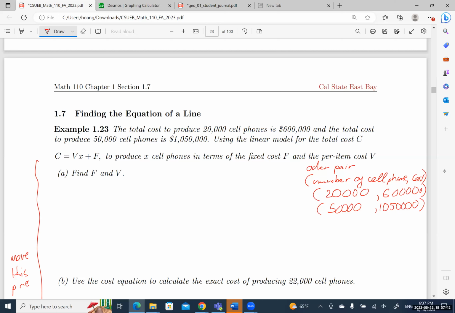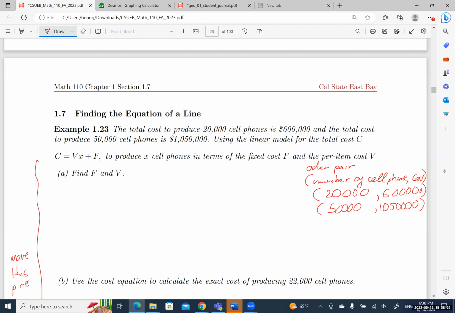So we have 2 points from the given: 2,000 cell phones give us 600, 20,000 cell phones give us 600,000, and 50,000 cell phones give us a cost of 1,050,000. Right? So we're going to use the linear model for the total cost, C equal to Vx plus F, to produce x cell phones in terms of fixed cost and per unit cost.